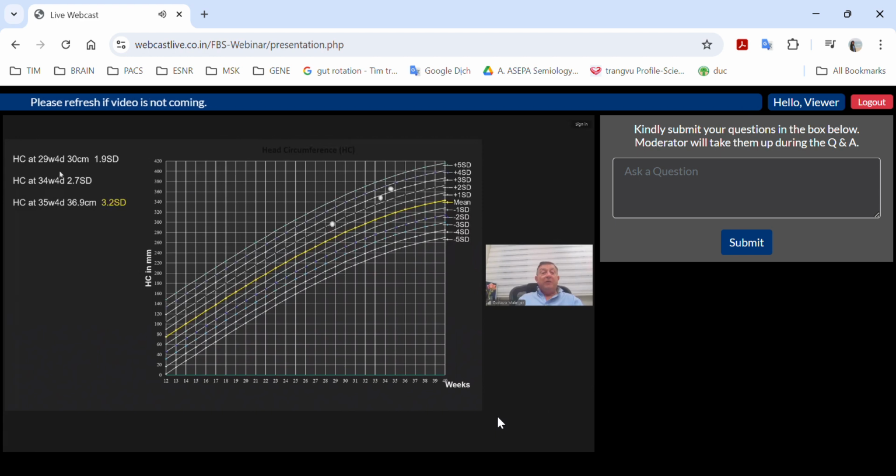It was 1.9 at 29 weeks, 2.7 at 34 weeks, and 1 week later it was 3.2. It was growing very, very fast. In this case, everything was normal. Again, you have the confidence that it was normal because of the MRI.